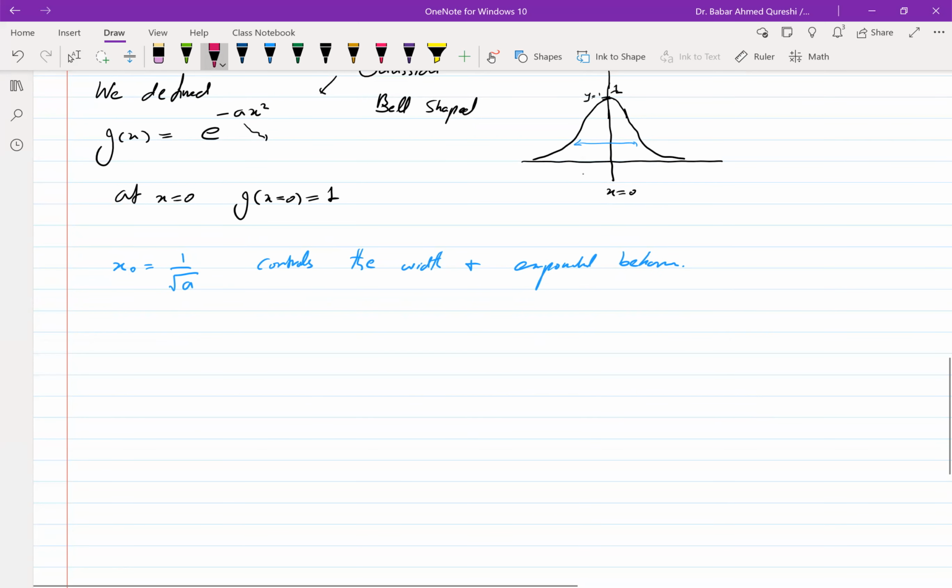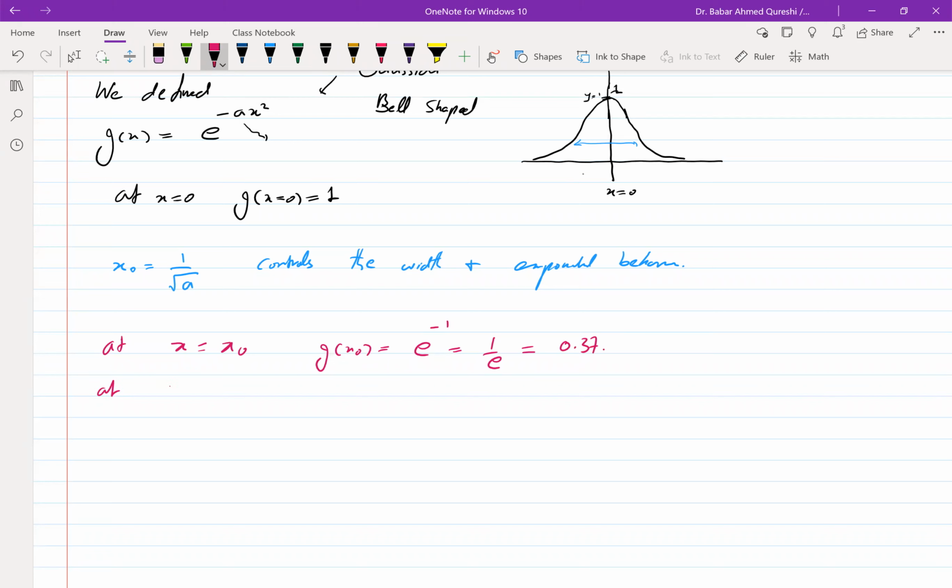If I put this value in, g of x naught is just e to the power minus 1, which is 0.37. So it has gone down by 63% from its top value.